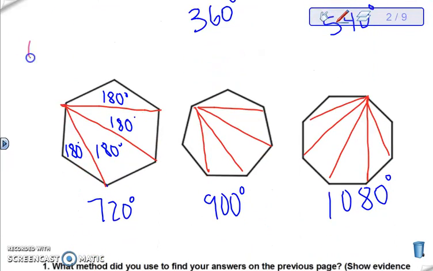When I got a 6-sided figure, or a hexagon, I ended with 4 triangles.